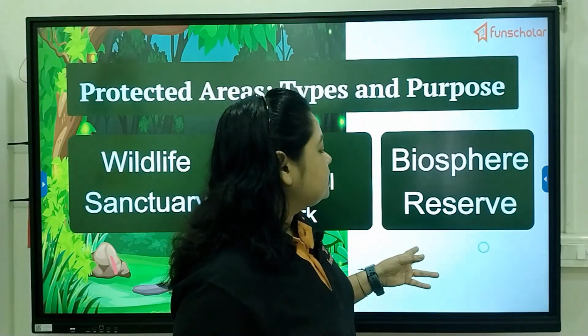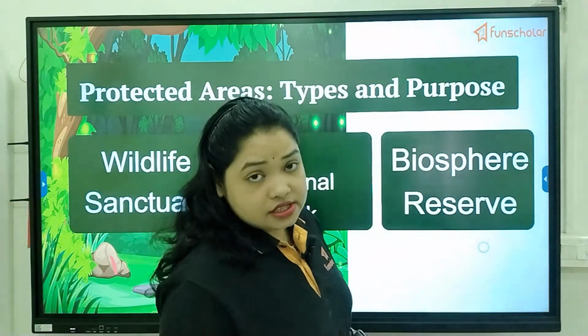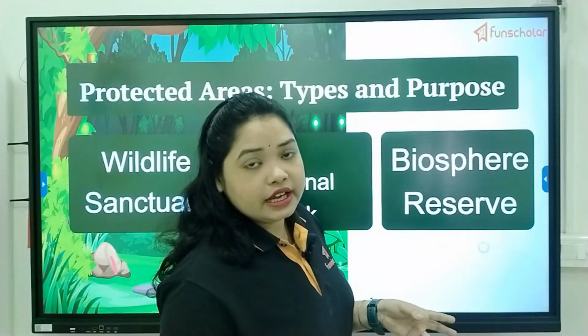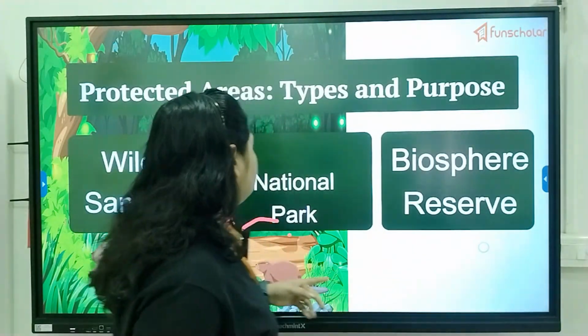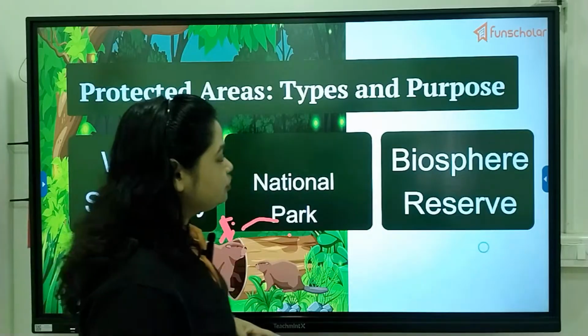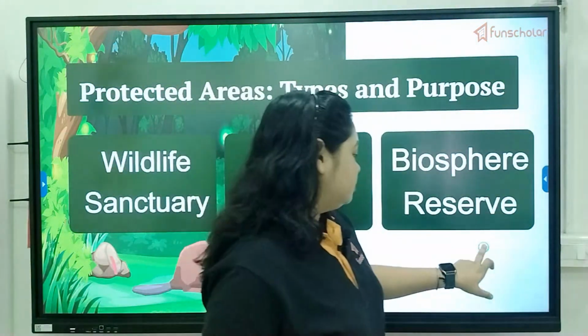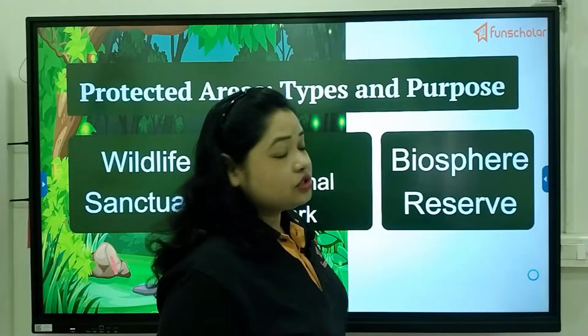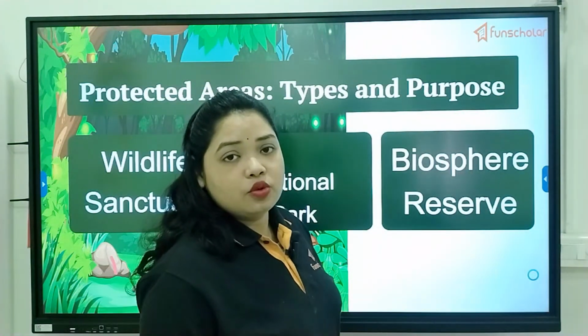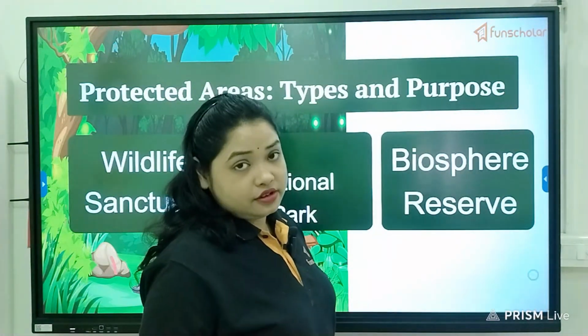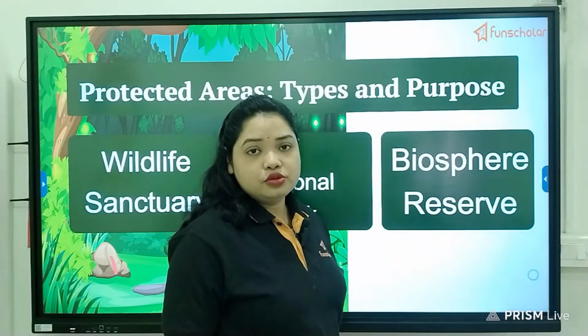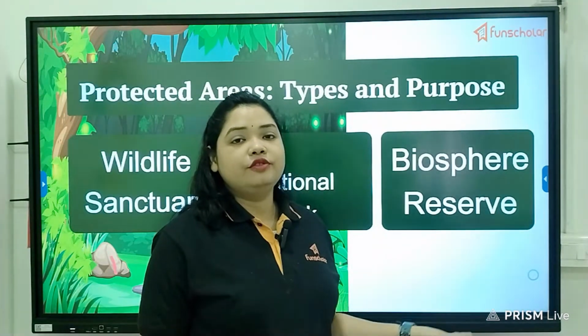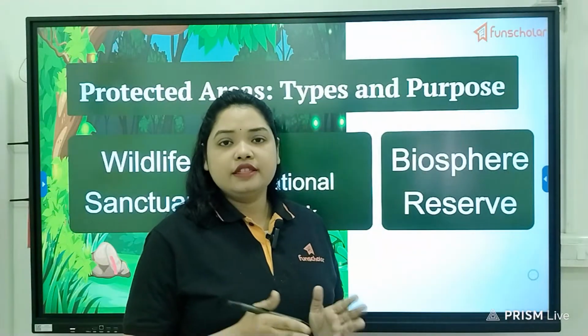Lastly, Biosphere Reserve encompasses the largest area among all the three, and it can include many national parks and wildlife sanctuaries under its zone. It has three areas, namely core zone, buffer zone, and transition zone. In the core zone, it is protected only for the flora and the fauna.